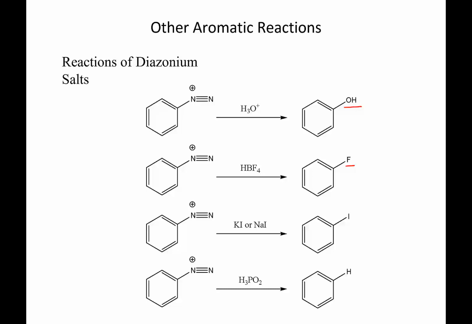So use HBF4. Use potassium or sodium iodide with the diazonium salt, and you'll add the iodine to the ring. So now I can add any of my halogens. And if you want to replace the diazonium salt with an H, you use H3PO2, which is a really bizarre hydrogen phosphate.